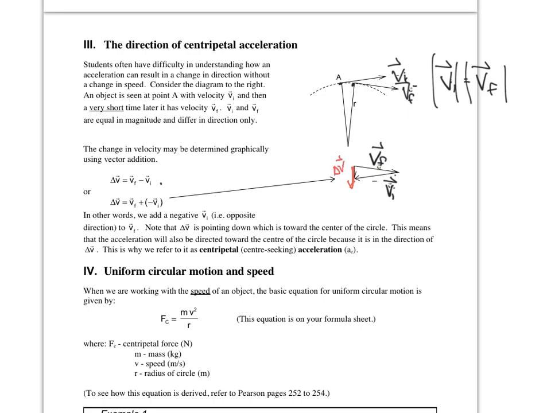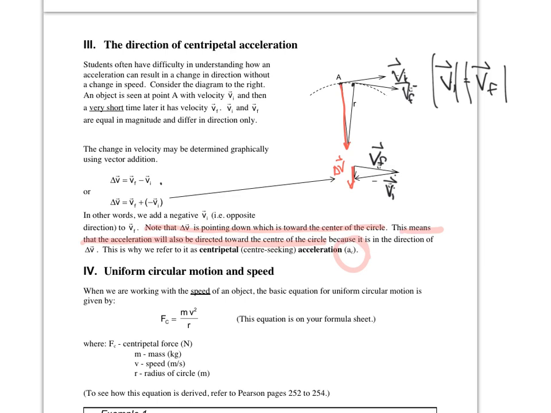The change in velocity is pointing directly inwards to our radius, and it is a change in direction. So note that the change in velocity is pointing towards the center of the circle. This means that the acceleration will also be directed towards the center of the circle. This is why it is called centripetal, the center-seeking acceleration. AC is the subscript for it.